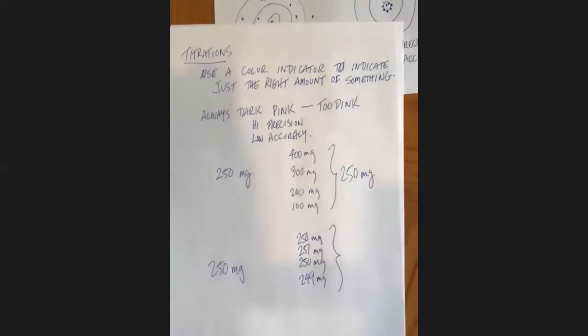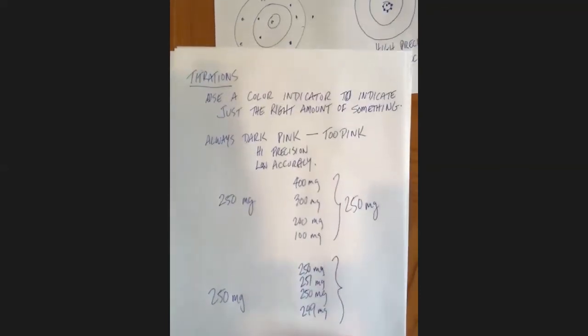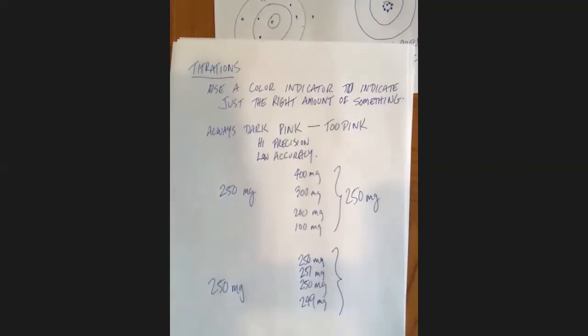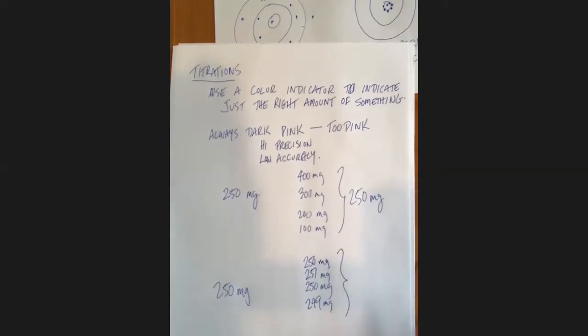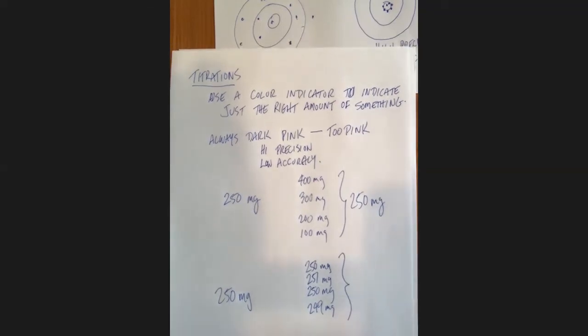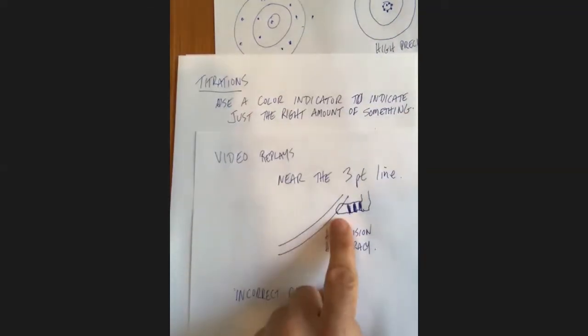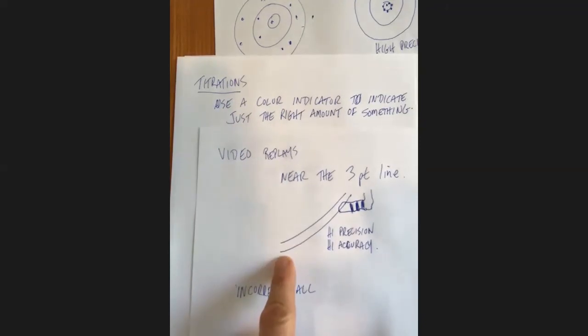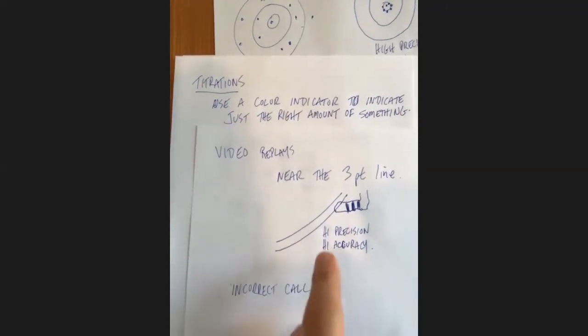If any of you are taking any medicine or know anybody that does, which is pretty much everybody on the planet, there's a place that you might care about accuracy and precision. And if you don't care about those, there's lots of us that care about whether the toe is on the 3-point line or not. They're not necessarily the same level of importance, but we certainly care about this one a lot.